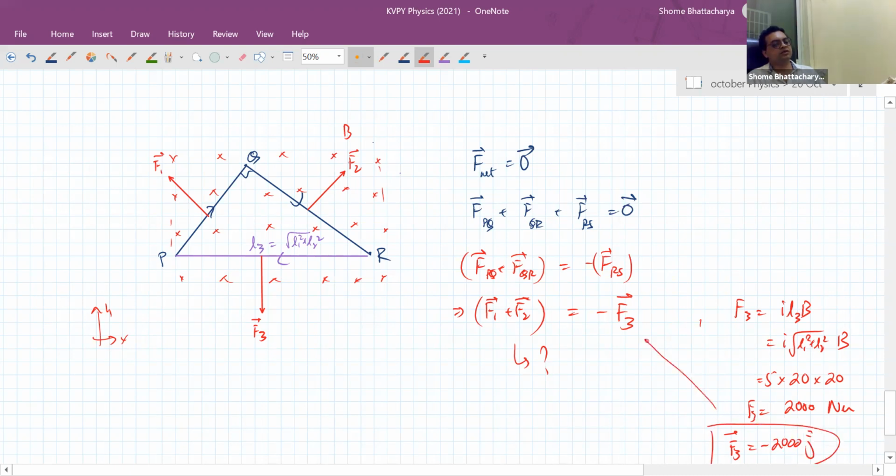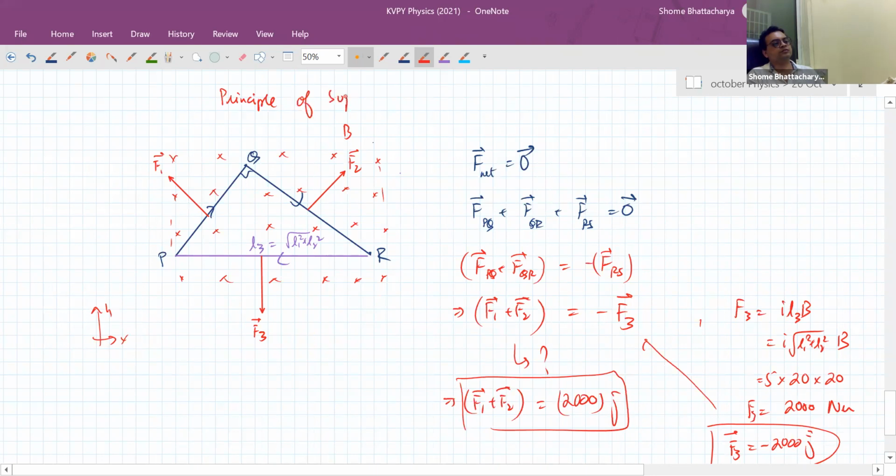So putting this here, F1 plus F2, which is the net force on that PQR section, will be 2000 j cap. So this kind of thing is called the principle of superposition. We add an imaginary wire RP to complete a loop, and for that loop we apply this concept.